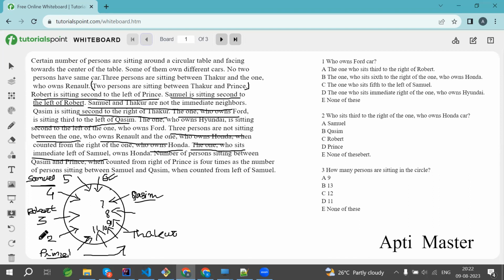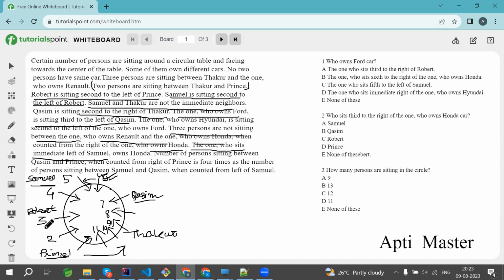We know the sixth position owns Honda, right? So 3, 4, 5, there are three people when counted from the right of the one who owns Honda. So this is the Honda, and his right position is this one, and left position is this one. So according to the right position of the one who owns Honda, there are three people. If 2 owns the Renault, right?